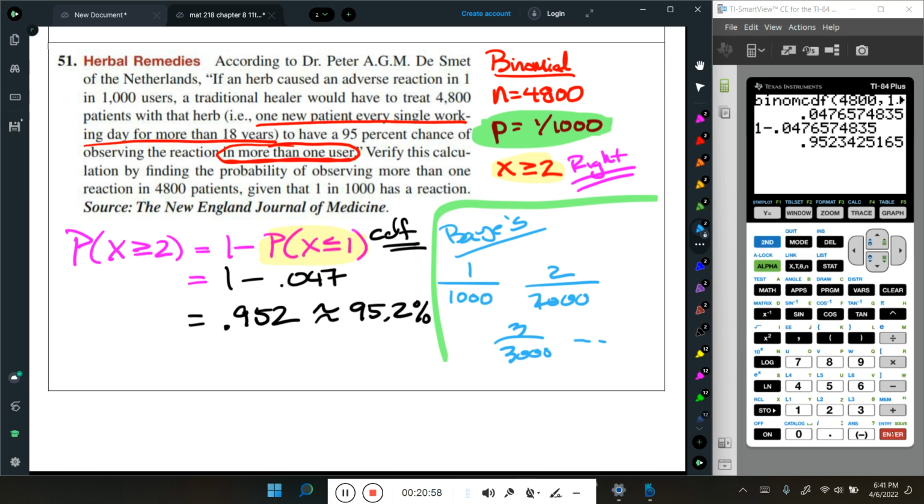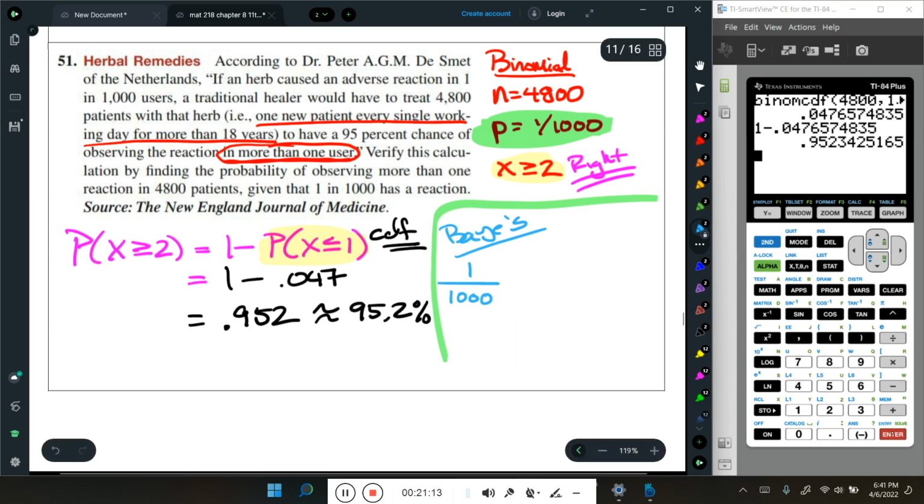And if this was purely math, that would make sense. But we're talking about probability and statistics here, where things start to get a little bit fuzzy. And it isn't a guarantee. This 1 out of 1,000 doesn't guarantee that out of every 1,000 you will see 1. It just means on average that if you ran this, say, 10 million times, 1 out of every 1,000 of those, you'd see a reaction.